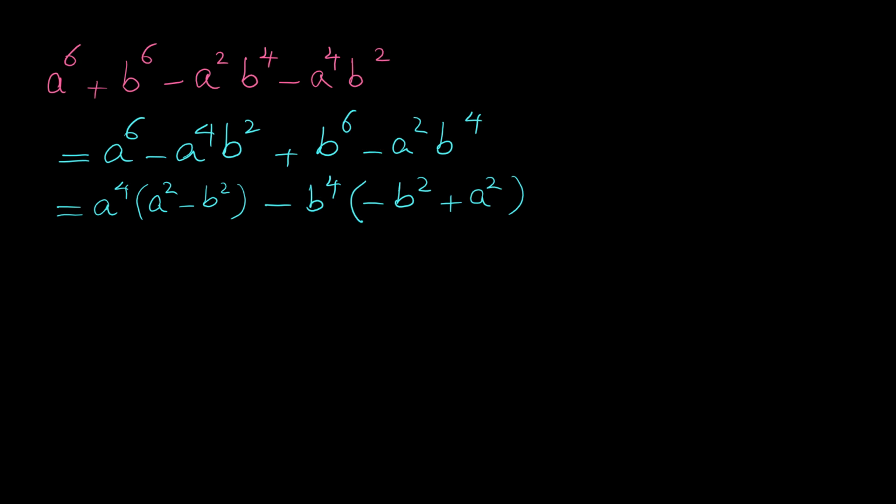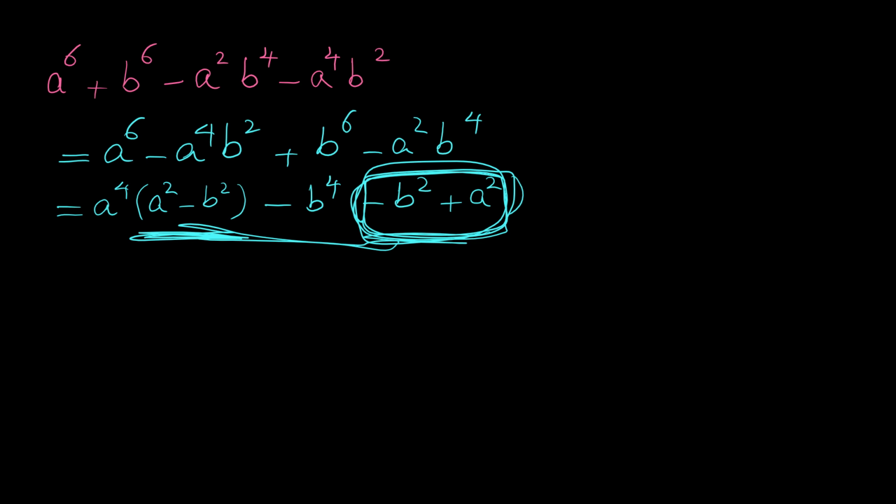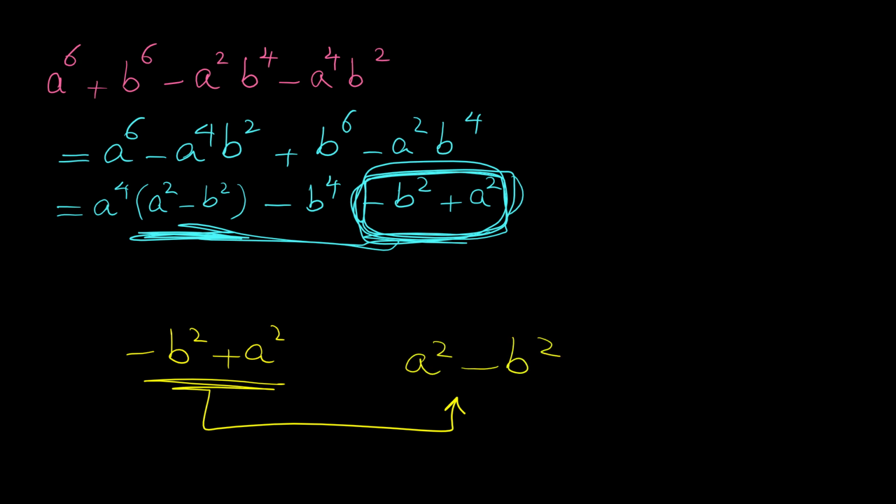But still I don't like this expression, negative b^2 plus a^2. This expression is exactly this. But the way that we have written this expression is the thing that I don't like here. Negative b^2 plus a^2 is exactly the same as a^2 minus b^2.